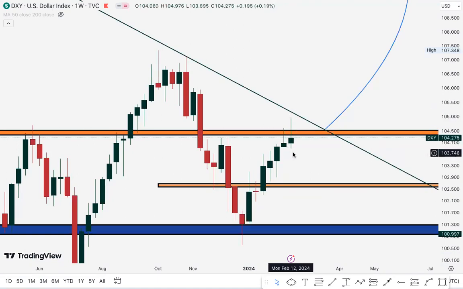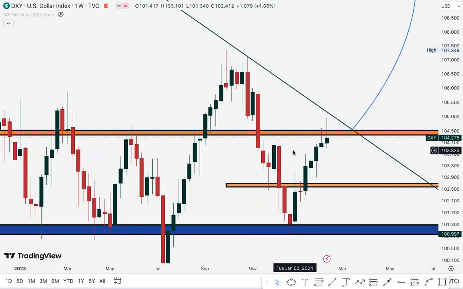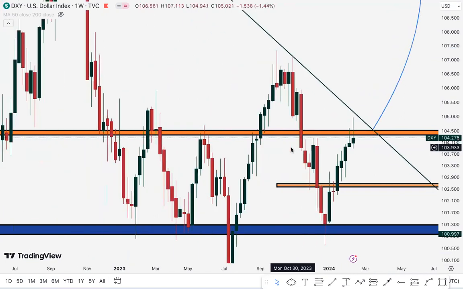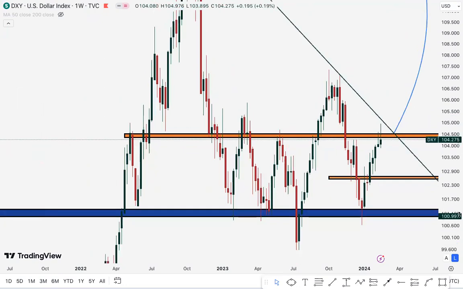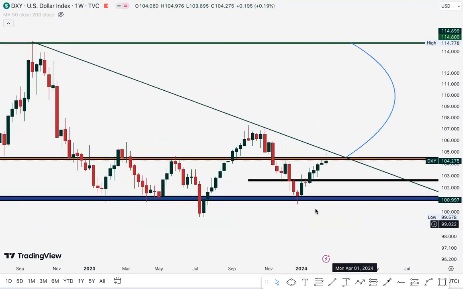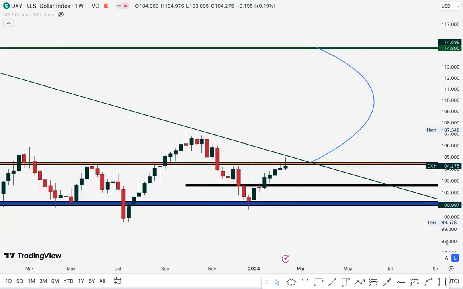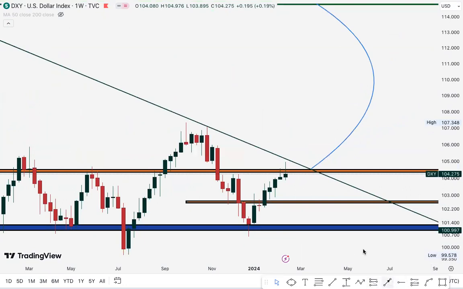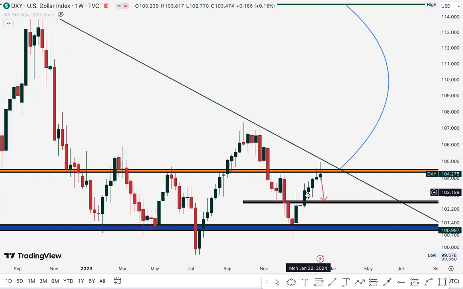Same thing here. So I'm not 100% confident that the dollar will continue like this. I do envision that we may come back down to retest this level here a bit. Okay, so it will not be a complete inverse head and shoulders pattern within a bigger inverse head and shoulders pattern.